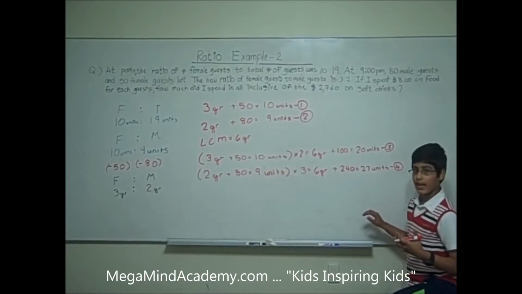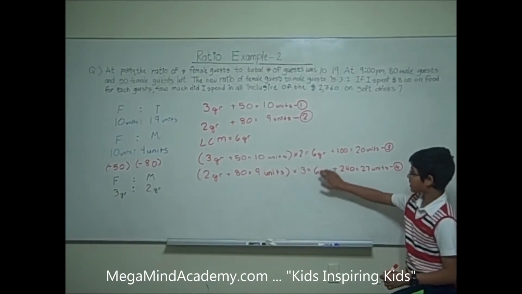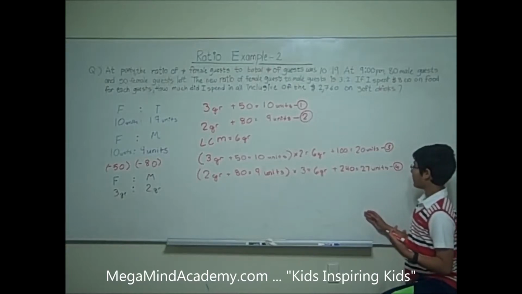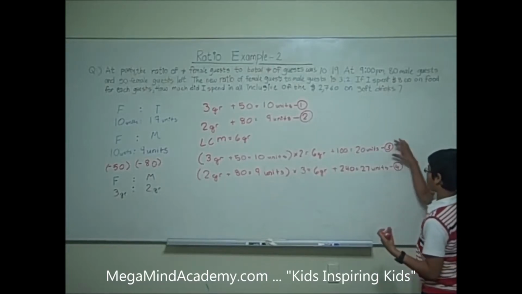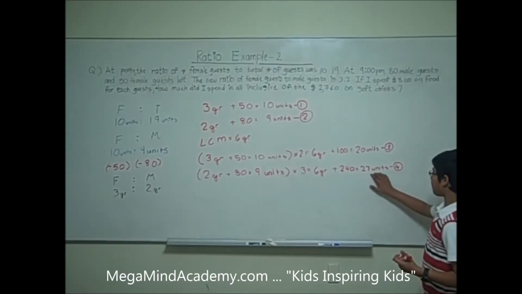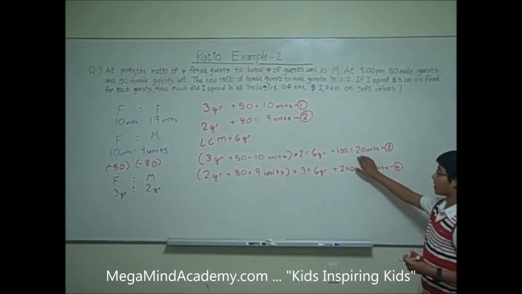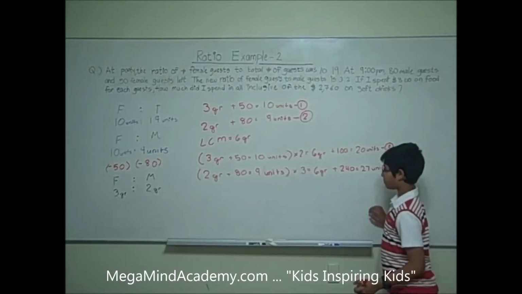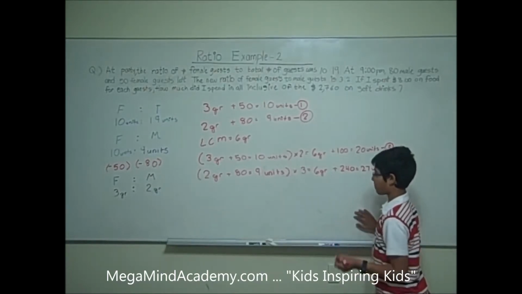Now, to get rid of 6GR from both the equations, we need to subtract equation 3 from equation 4 because 27 units is bigger than 20 units. So, let's do this.